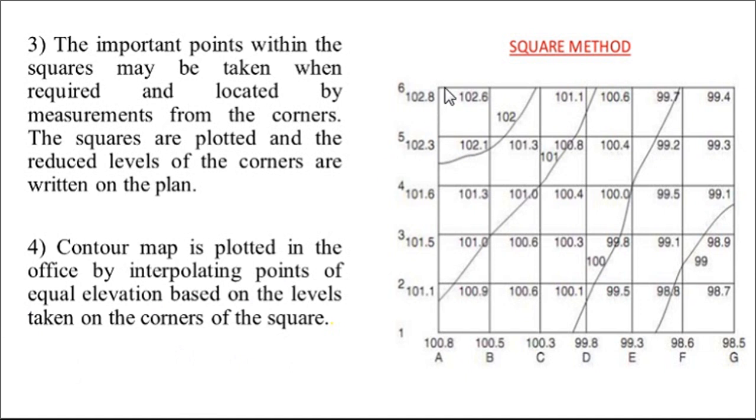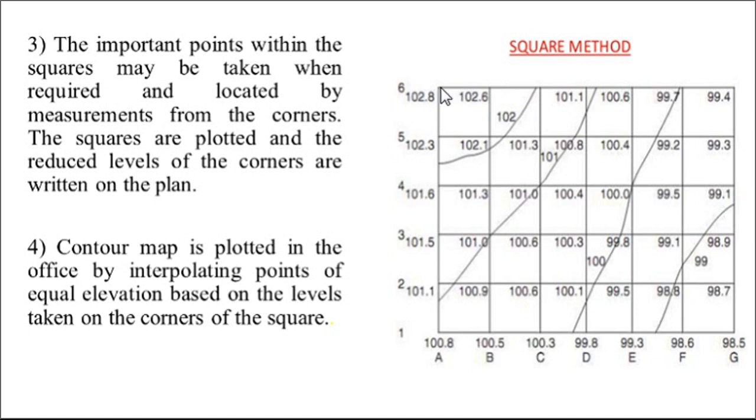Now see, this is the extent of the area. We have divided that area into squares, and these are the small squares of that particular area to be surveyed. By keeping the staff at every point of the square, we take the staff reading, and then find the reduced level for each of the corners of the square.